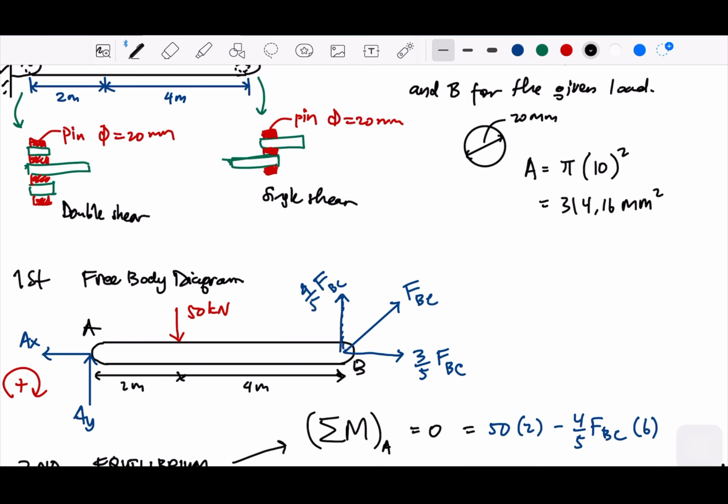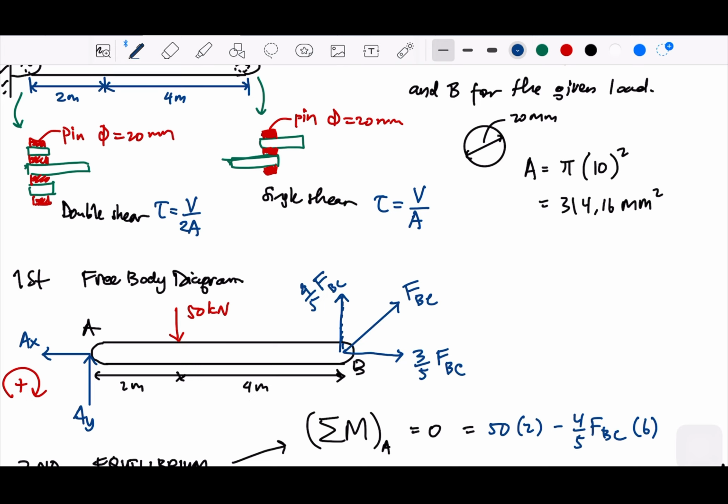And remember, for the single shear, we take the force, the shear force, divided by the area, or the pi r squared. Let me just write A to make it easy. And for double shear, we take V over 2A. I think it's better to write, right?